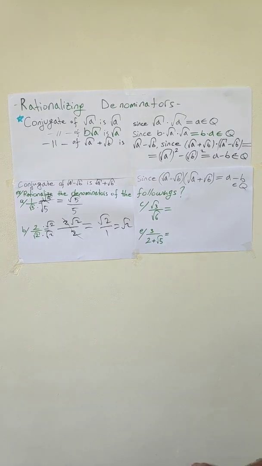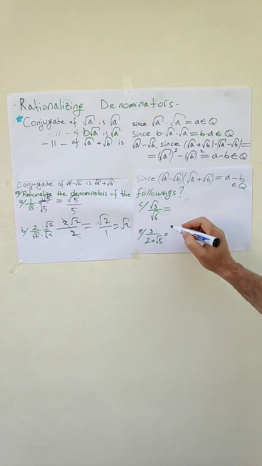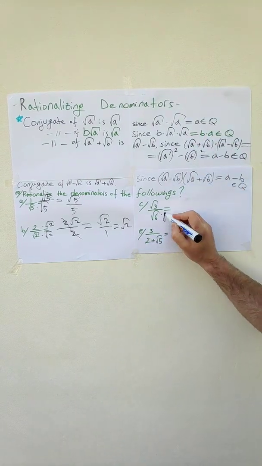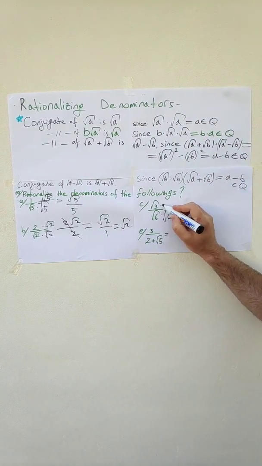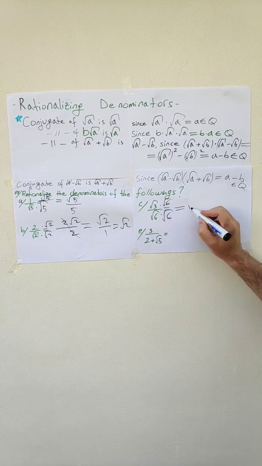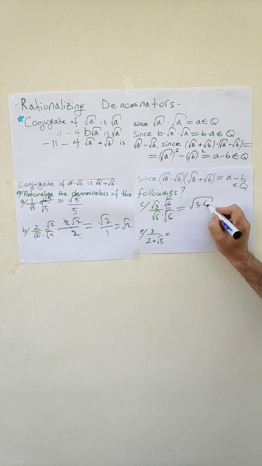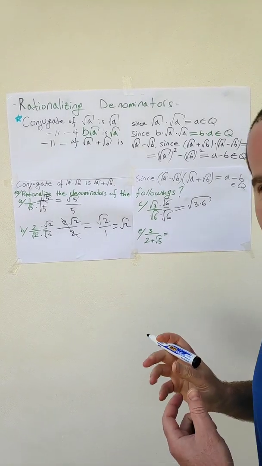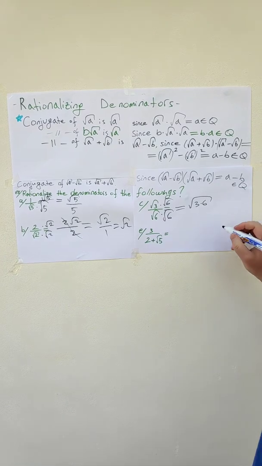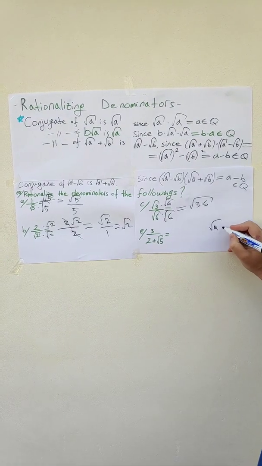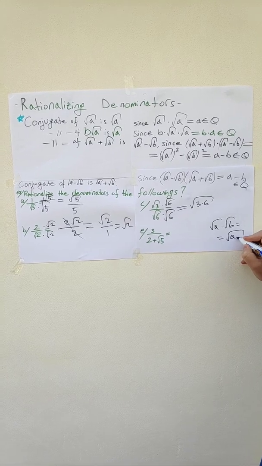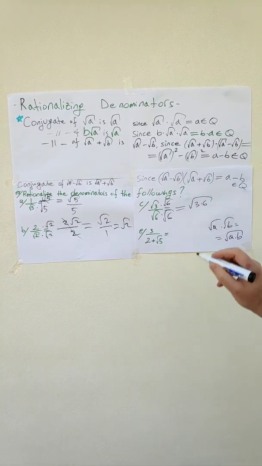Here, square root of 3 over square root of 6. Of course, we see its denominator is square root of 6. So, we multiply it by square root of 6. And here, square root of 3 times 6. We multiply them together. If you remember properties of square roots, square root of a times square root of b is square root of a times b together.